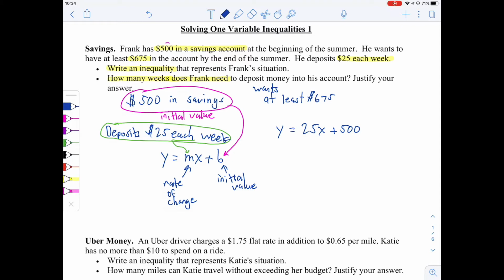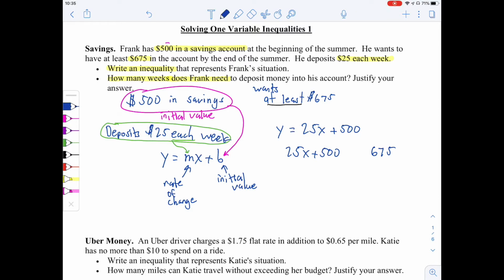He wants at least $675, and that's another keyword, at least. How do you represent that? He doesn't want exactly $675. He wants at least $675. So we want our equation to be at least 675, so equal to or more, equal to or greater.